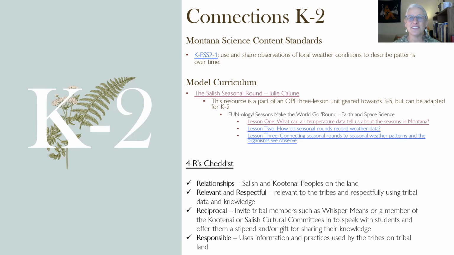With kindergarten through 2nd grade, let me back up too, about the Montana Science Standards. There are several standards, starting in 5th grade and going through high school, that include American Indians or Indigenous populations, or have a direct connection to American Indians and Montana Indians in particular.